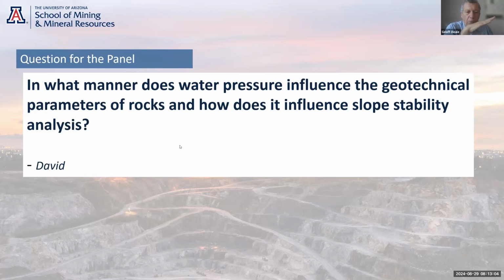So what the water does is provide an upward force which reduces the effect of the downward weight, the downward stress, and reduces the frictional resistance on that surface, and consequently reduces the shear strength on that surface. So that's the prime influence of water. Now, it doesn't necessarily need to be a fracture surface. It doesn't necessarily need to be a surface.